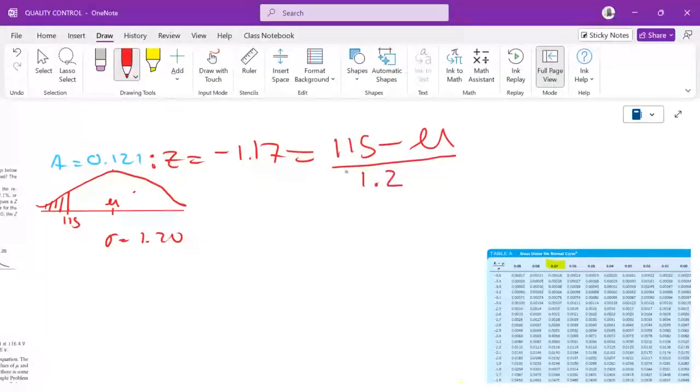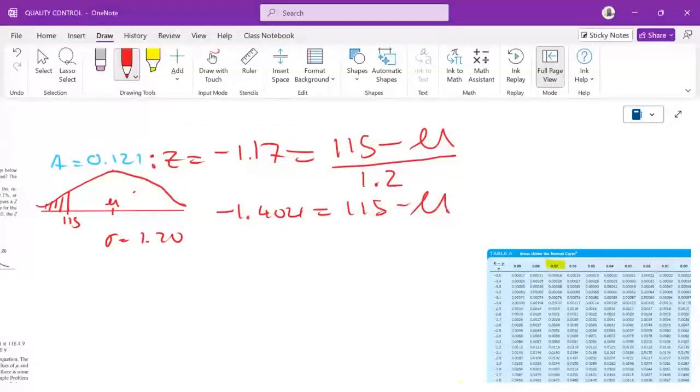This goes there, it doubles up to negative 1.17 times 1.2. Then you write it there as a negative 1.404, which is equal to 115 minus that.